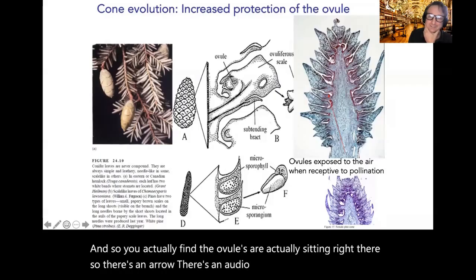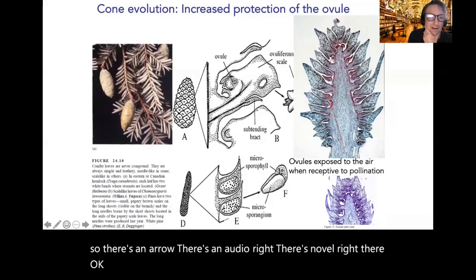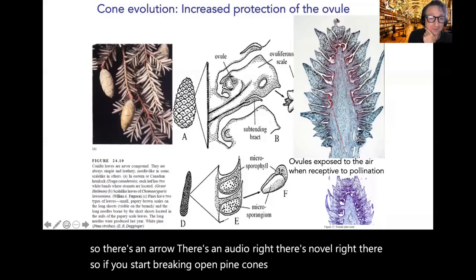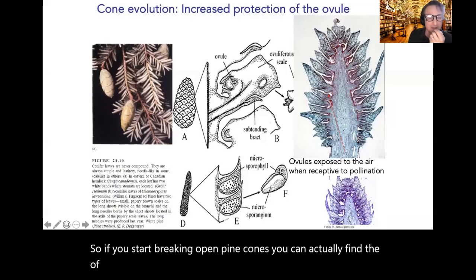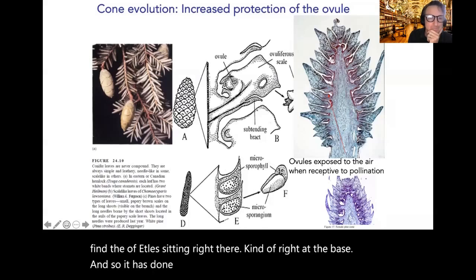There's an ovule right there, and another right there. If you break open pine cones, you can find the ovules right at the base. It has this big woody structure for increased protection.